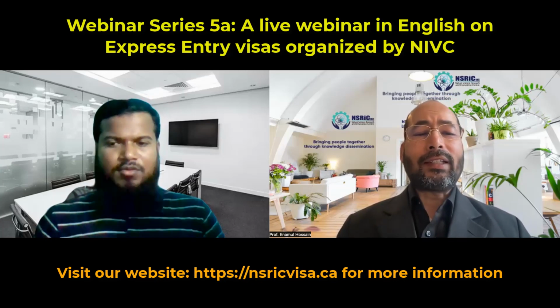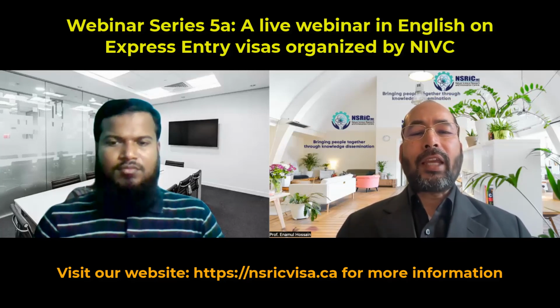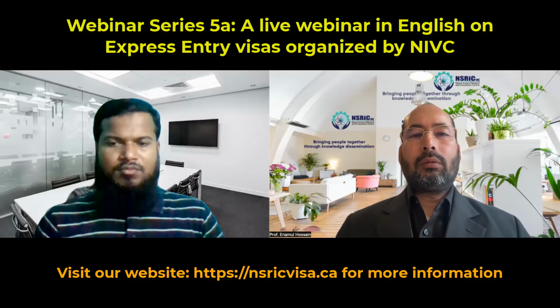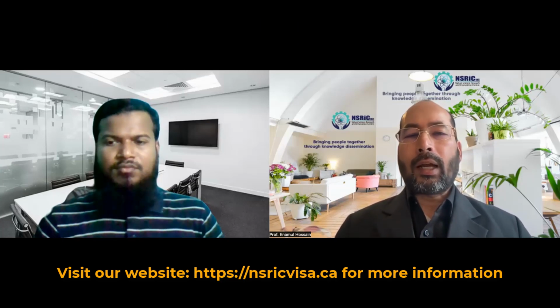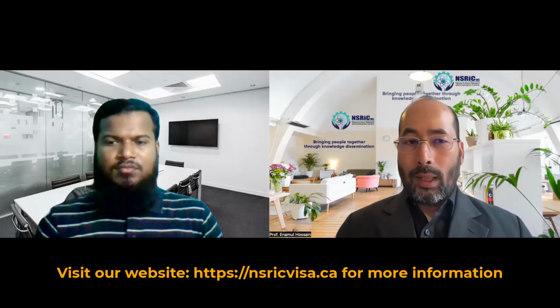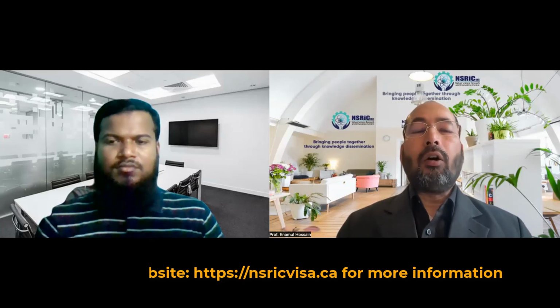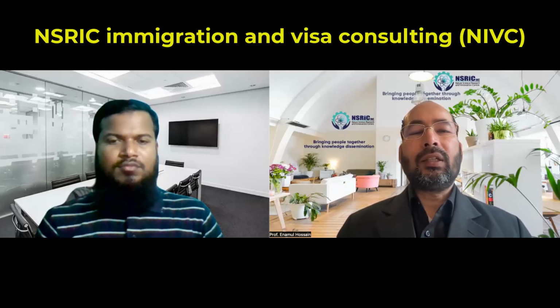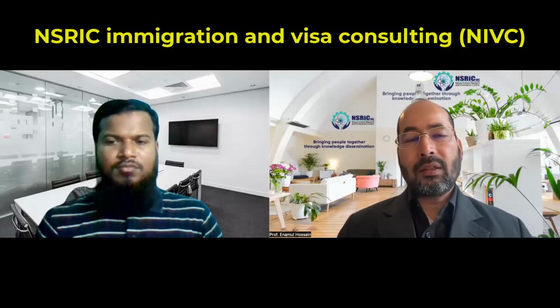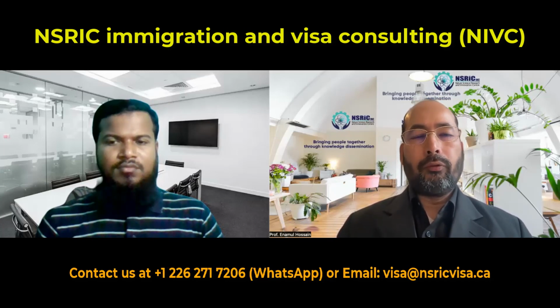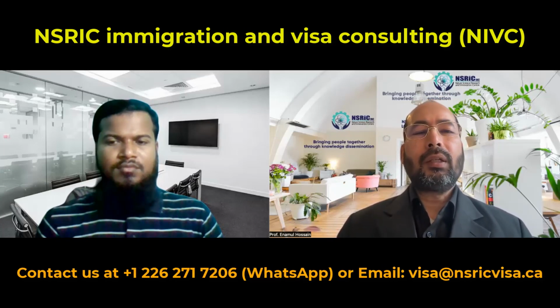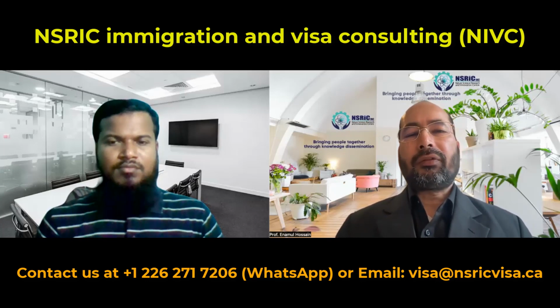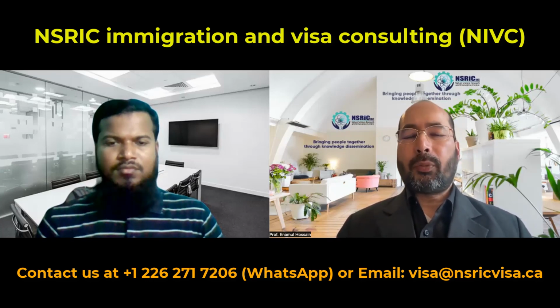And then the second step is to check your score. You know that Canada is a bilingual country, meaning the official languages of Canada are English and French. So your proficiency in English or French must be proved. Majority of us prefer English proficiency.